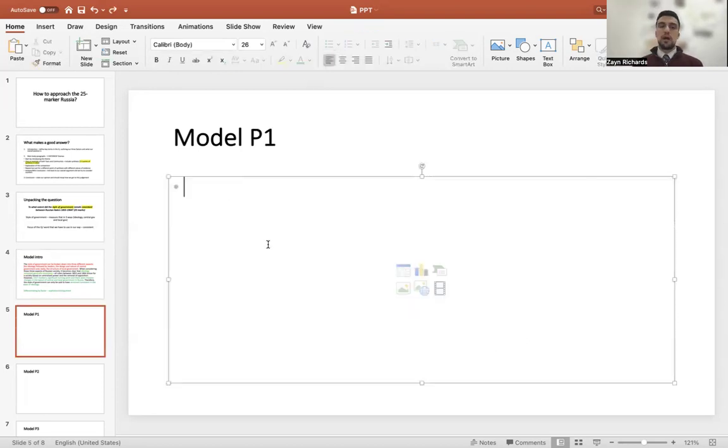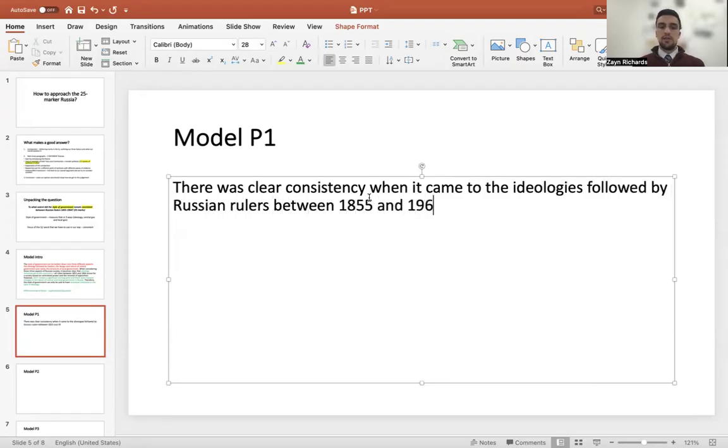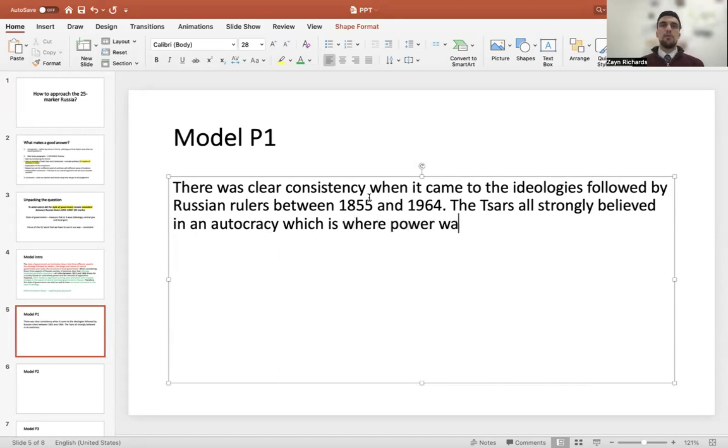Right, then we'll jump into paragraph 1. So I'm going to start by saying there was clear consistency when it came to the ideologies followed by Russian rulers between 1855 and 1964. The Tsars all strongly believed in an autocracy, and I need to define what autocracy is. So I'm going to say which is where power was concentrated in one person's hands.